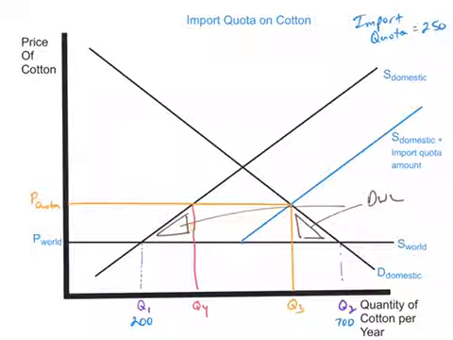This is wasted because we could have the world producers making it at a lower price, but we're having domestic producers make it at a higher price. This is efficiency that we have wasted. Some of this producers have grabbed as their producer surplus, but this is a wasted resource. We're not letting the efficient producer make the item.